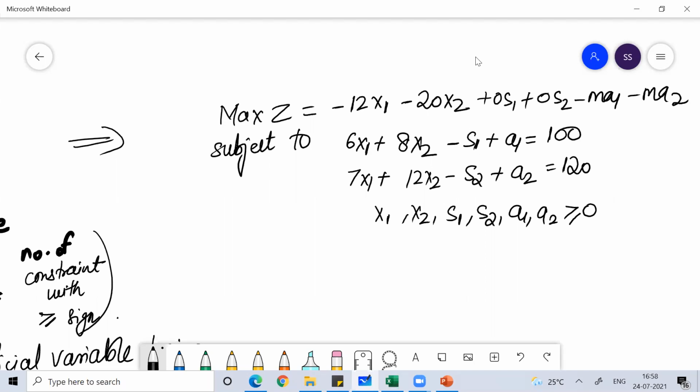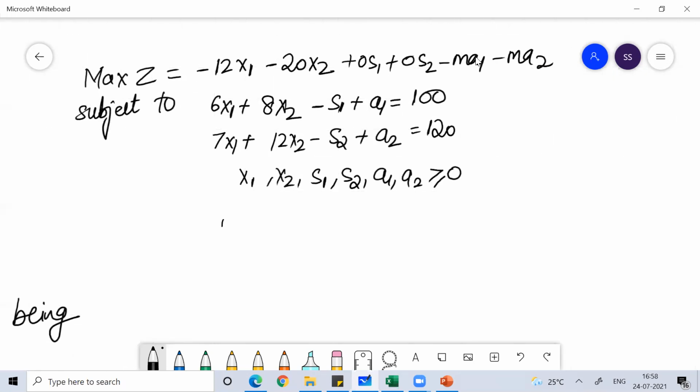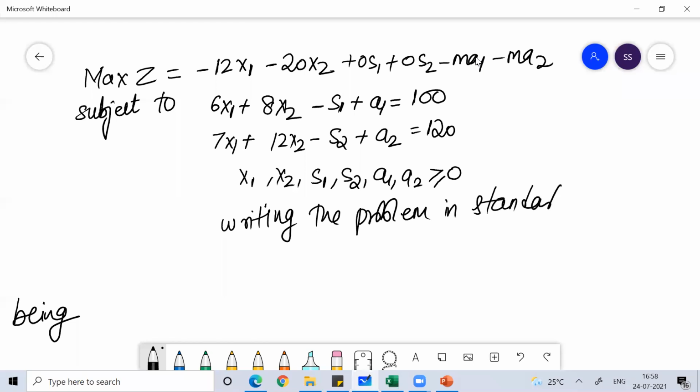Okay everyone. So now what I can do, I can write down the same problem in the standard form.